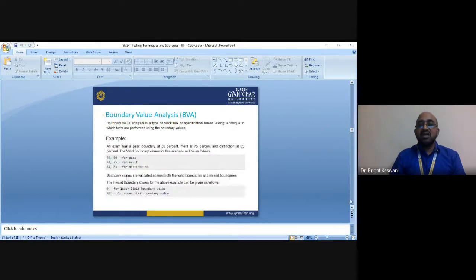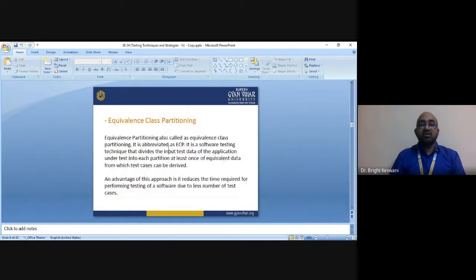There are some guidelines for conducting equivalence class partitioning, given by Pressman in 1997. There are mainly four guidelines. First is related to the range, second is related to the specific value, third is related to the member of a set, and fourth is related to the Boolean expression.